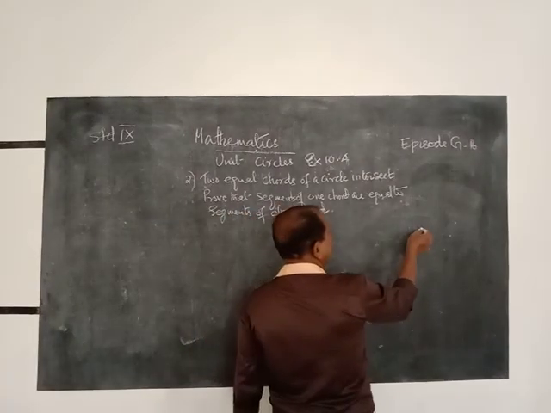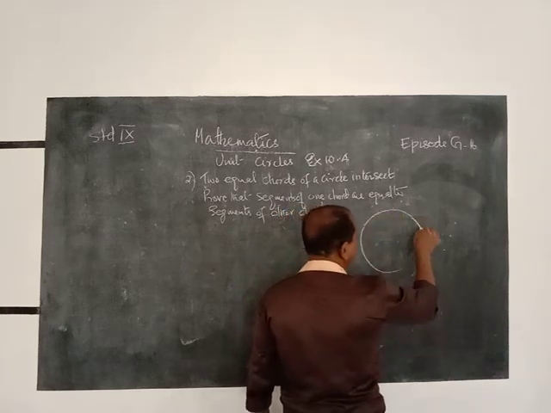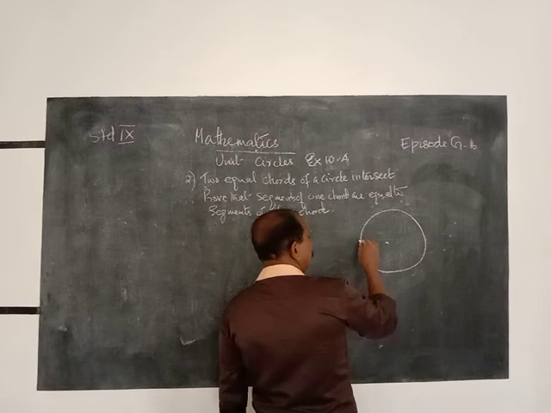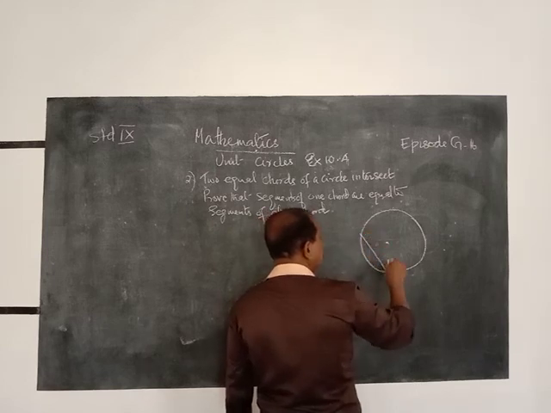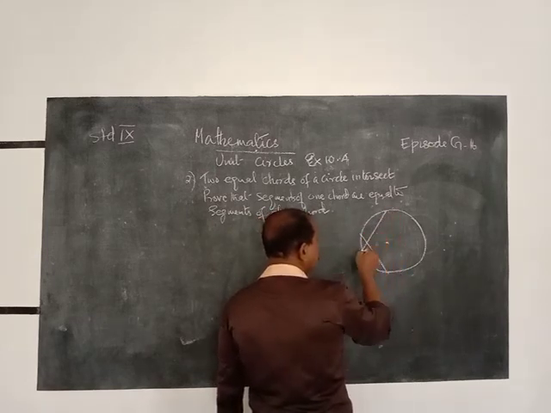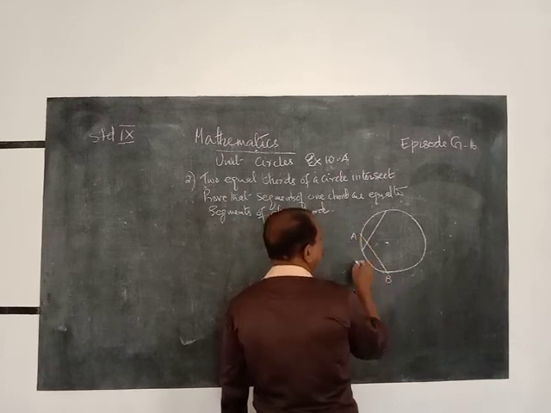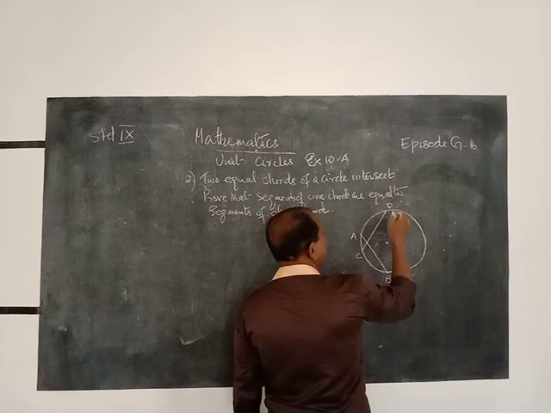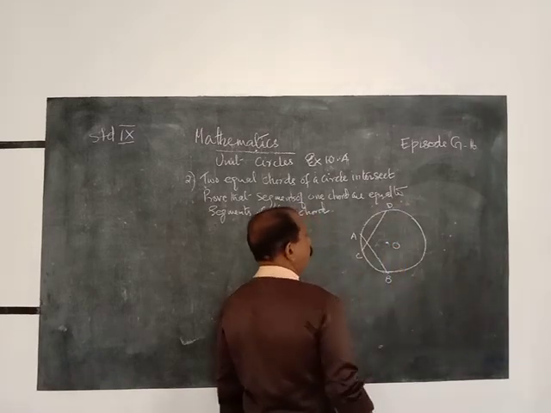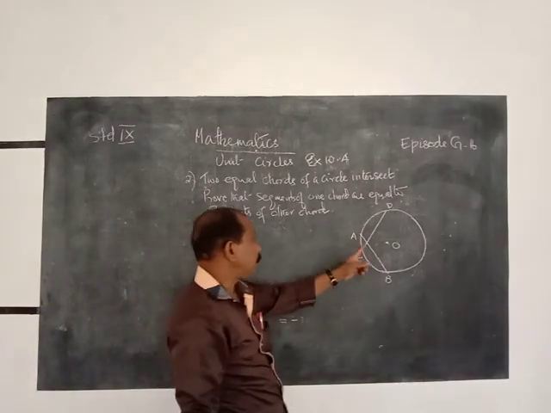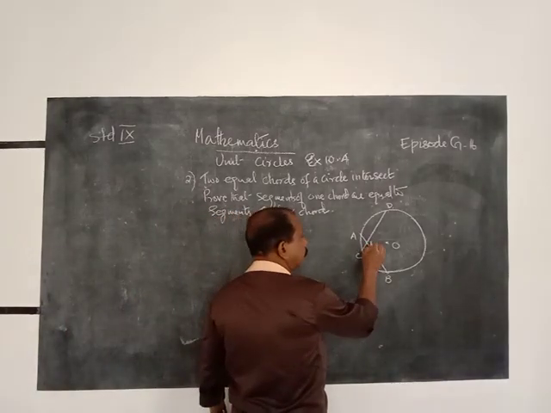Now let us consider something. The answer is this one. With the center O, there are two chords, equal chords, that is AB and CD are equal chords of a circle with the center O. Let P be the point of intersection.